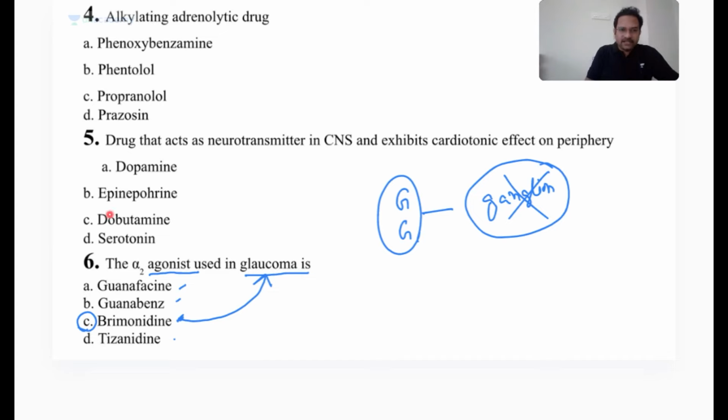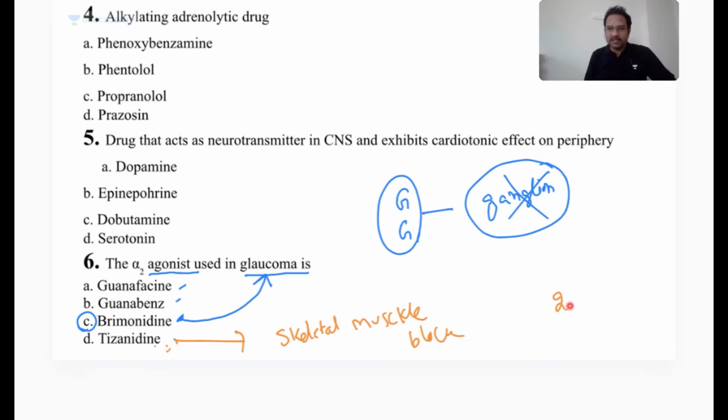Whereas tizanidine is used as a central skeletal muscle relaxant. So tizanidine is widely used to treat pain. Tizanidine is available as a 2 mg tablet. It is very powerful in alleviating pain.